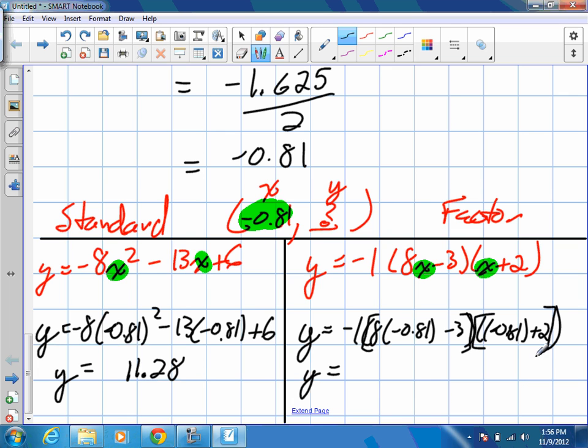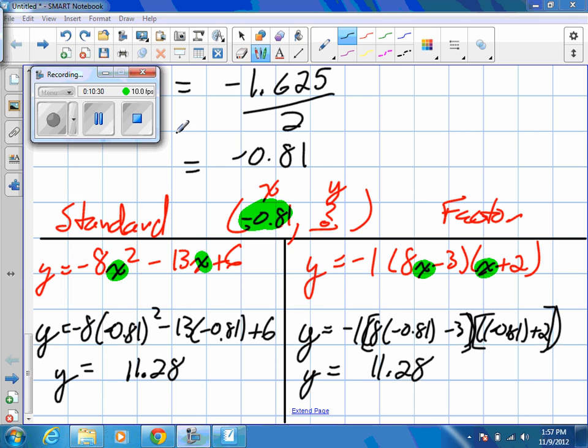You should end up with this. So we got 11.28 for both.